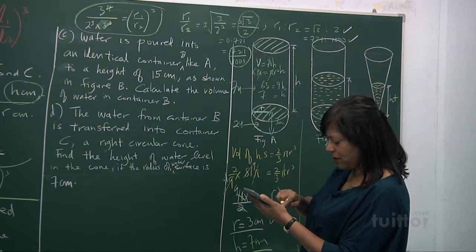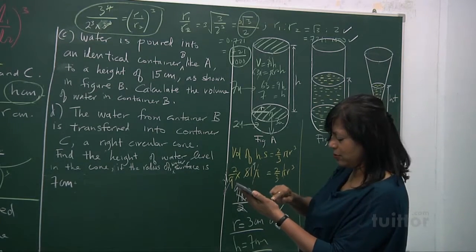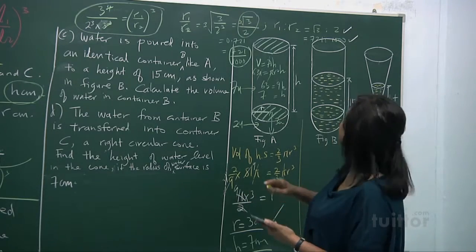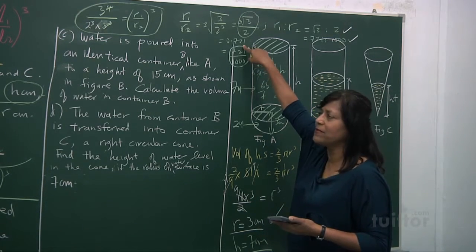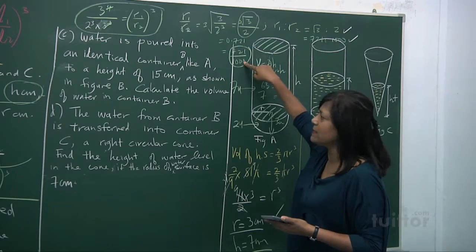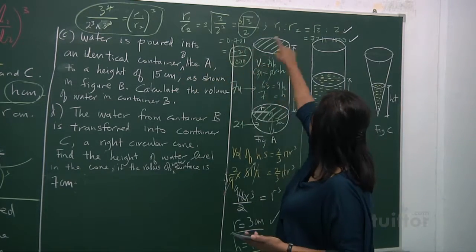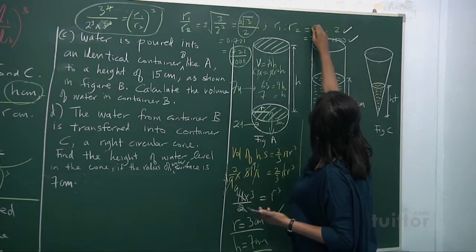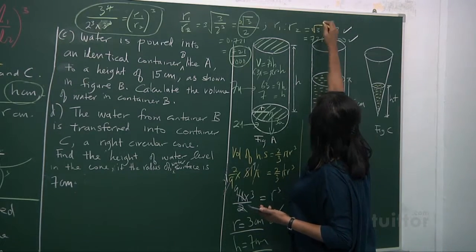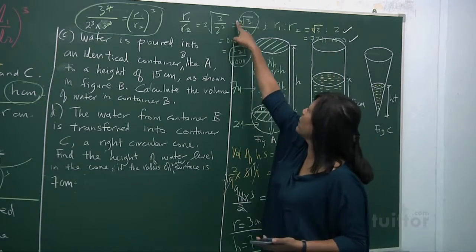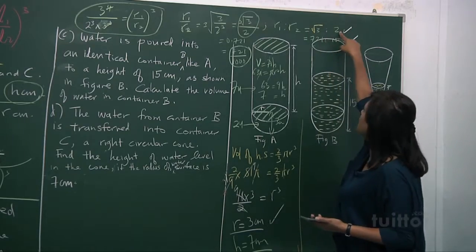A cube root of 3, yes, divided by 2. And what do I get? Yes, this part is no problem, 0.7211, which is this. Now here I made a mistake. This is cube root. It's a cube root of 3 is to 2.